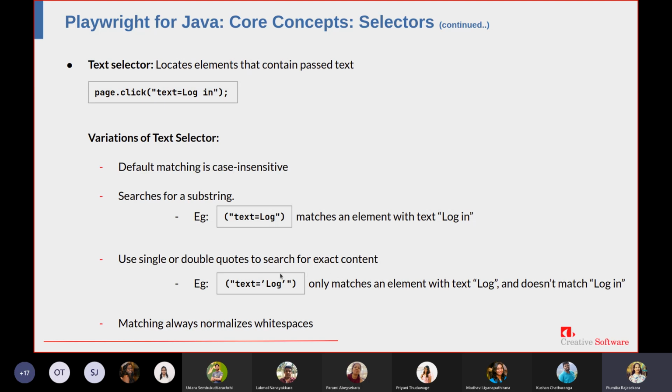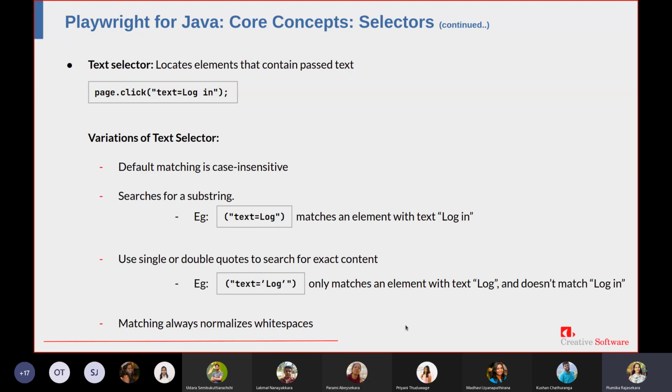That means if we have a text selector for log, it searches for all occurrences of log, including login. But if we want to search for exact content, we can use single or double quotes to mention the search string. As an example, if we quote log, it only matches an element with text log. It doesn't match an element with text login.